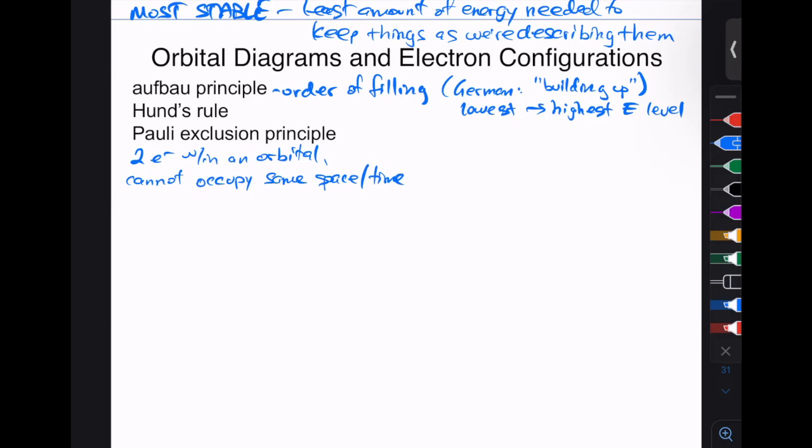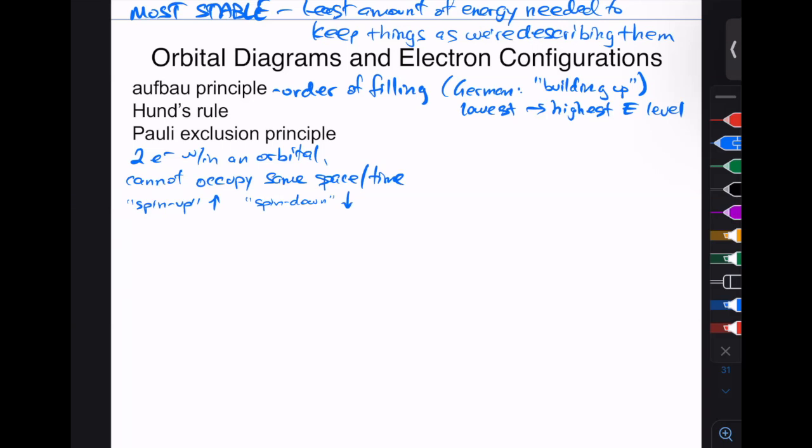So we think of them as having magnetic spins in opposite directions. We're going to call one spin up, and we'll use an up arrow for that. And we call the other one spin down, and we'll use a down arrow in our model for that. I'll come back and fill in Hund's rule in a minute.